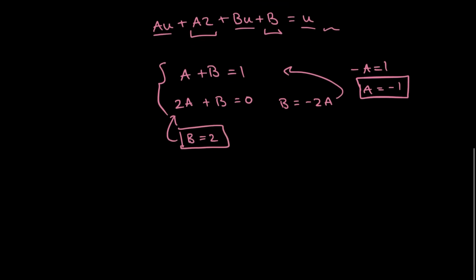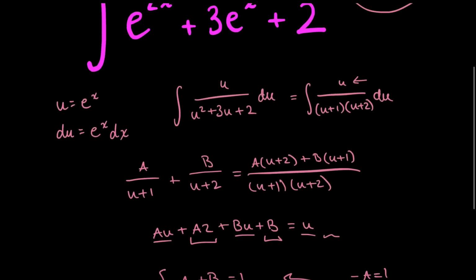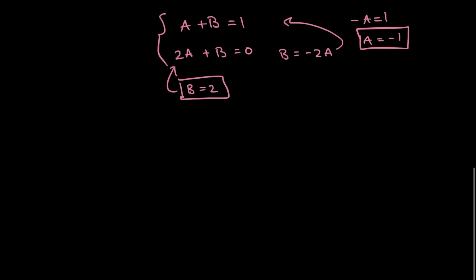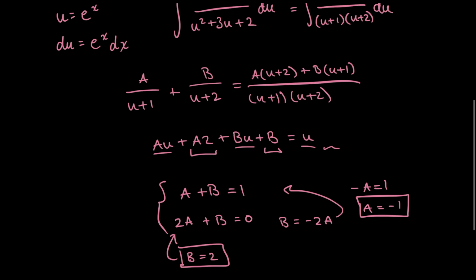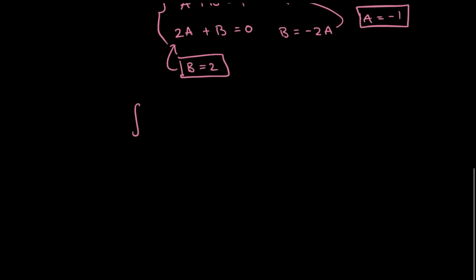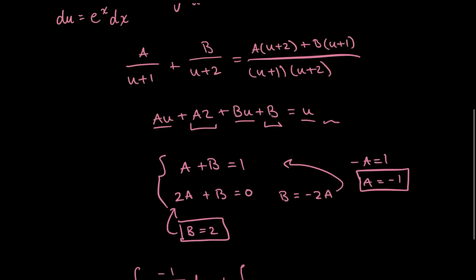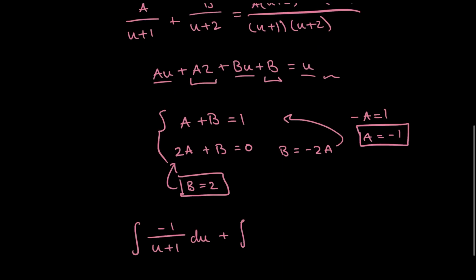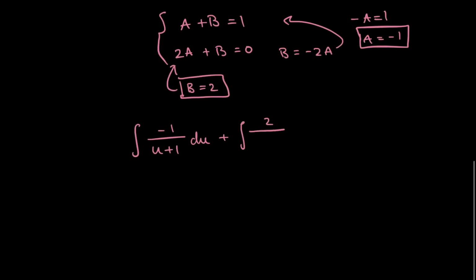Now that I found my two arbitrary constants, I can go back to my decomposed integral and actually start integrating. So I had a over u plus 1, and I just said that a is negative 1, so negative 1 over u plus 1 du plus the second integral. And you could integrate them all at once, or you can split them up the way I'm doing. It does not matter as long as you get the same answer. So b is 2 over u plus 2 du.